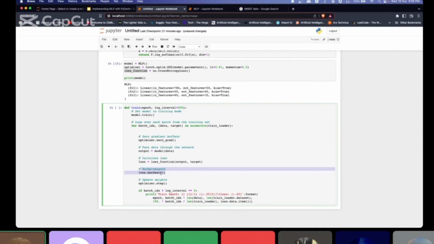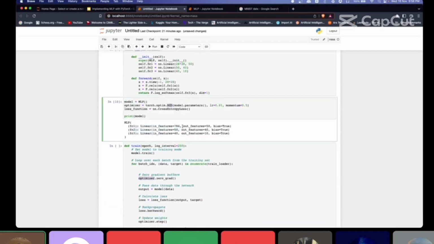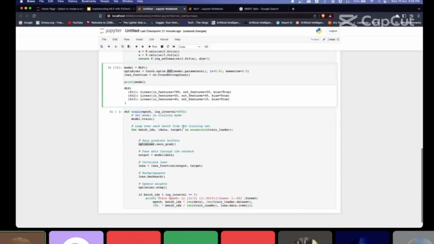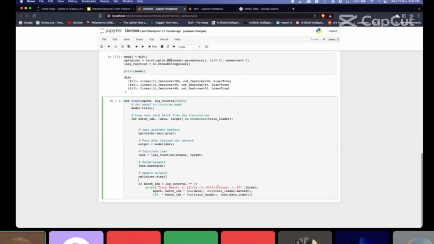That's where we calculate the loss function's derivative over here. So once we have the derivative, we update the weights using the optimizer over here. So the gradient descent will work its way down the hill so that we can find the best weights over here. Don't worry about this too much. It's just there to update us about the loss function.